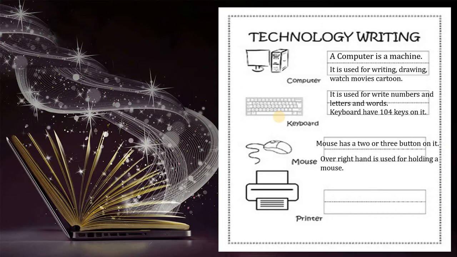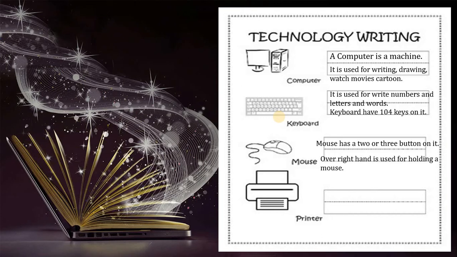Remember, when you go to the computer lab, you hold the mouse with the right hand only. We do not use the left hand because the mouse is always put on the right side of the computer.